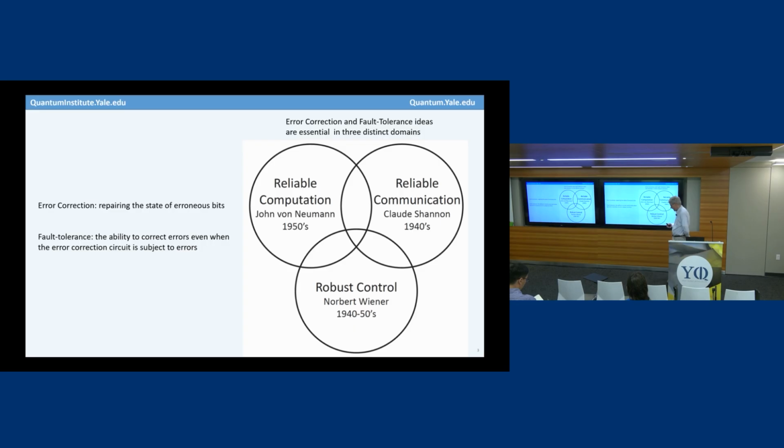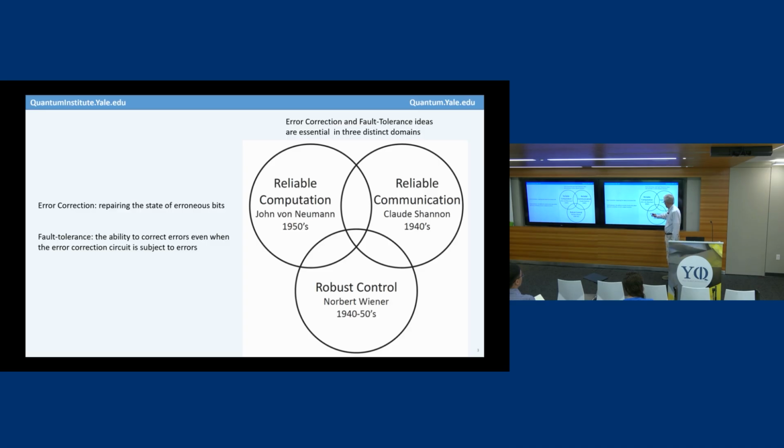So it turns out that ideas of error correction and fault tolerance, which I'll define in a second, play a crucial role in 3 areas of classical engineering. In the 1940s, people began to develop control theory. You have a giant plastics factory, and the machines have to do things in a certain order and not run too fast and not run too slow, and stop if some emergency condition occurs.